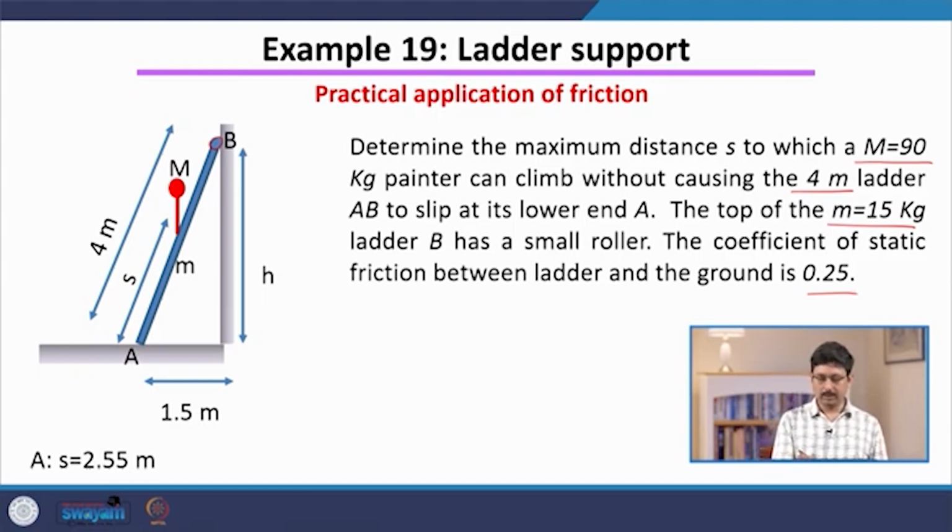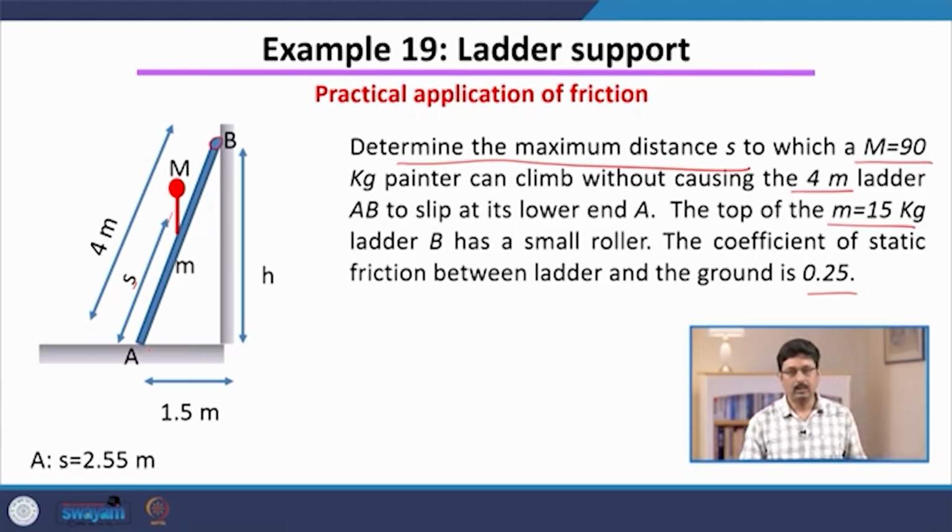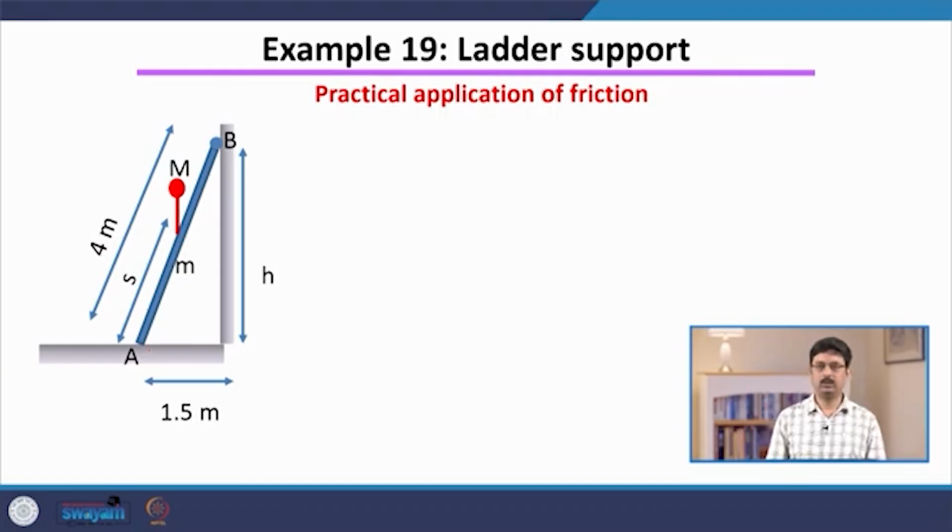So, the question is: determine the maximum distance s, from the floor along the length of the ladder, that the painter can climb without causing the ladder to slip at its lower end A. Those of you who have climbed a ladder know this is a familiar scenario, and we want to compute this distance s.